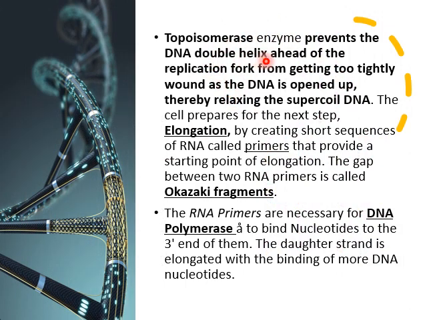The topoisomerase enzyme prevents the double helix DNA from getting too tightly wound as the DNA is opened up. It relaxes the supercoiled DNA as the elongation proceeds.